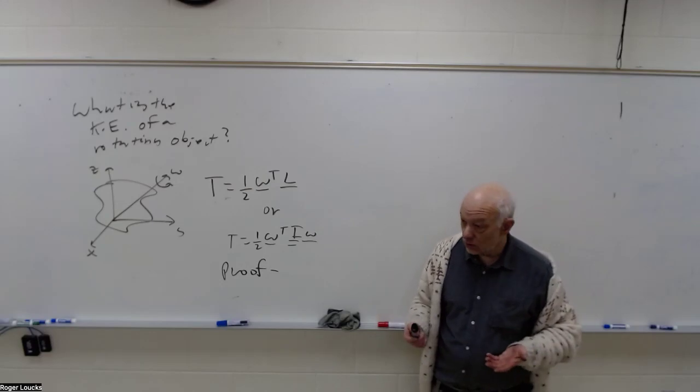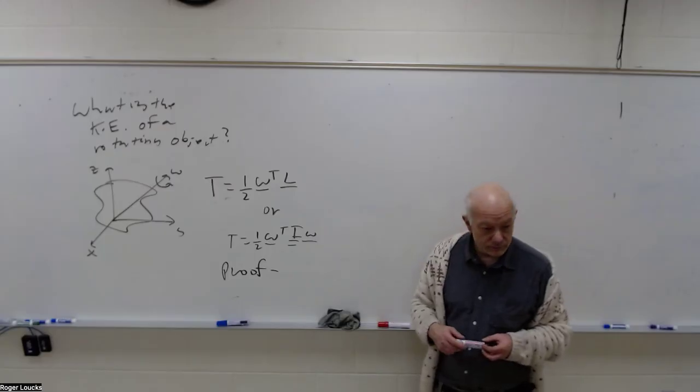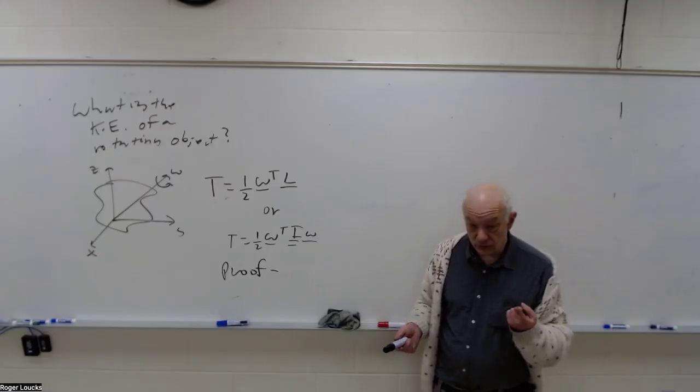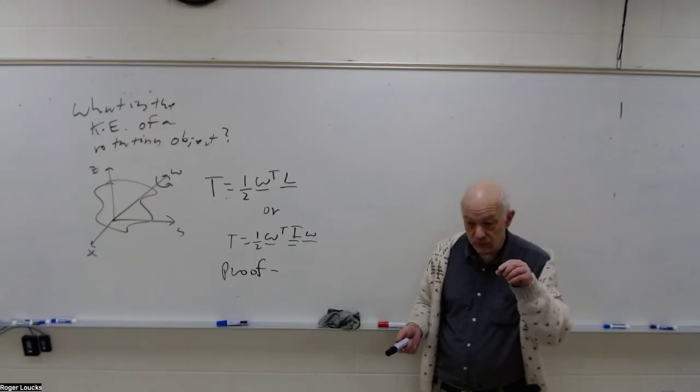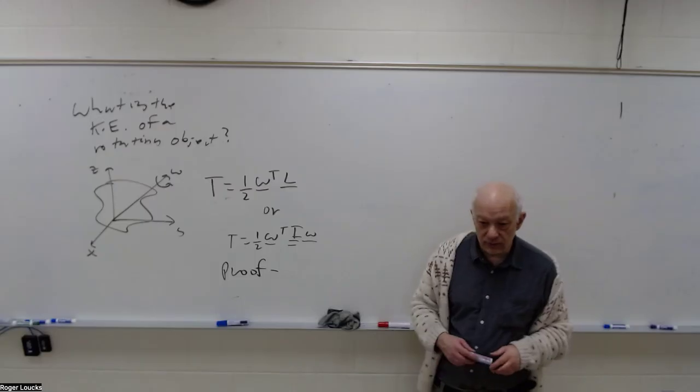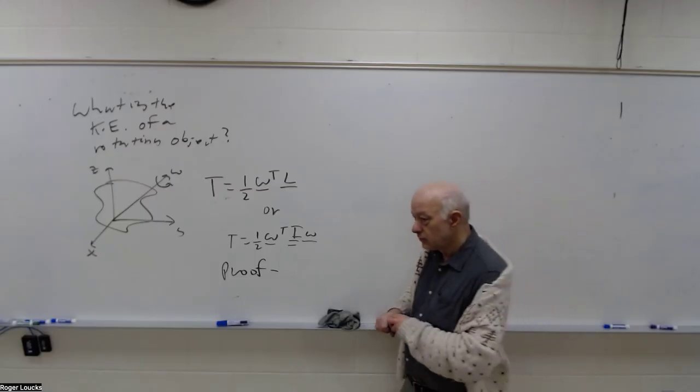That's exactly what you do. You have to treat that object as a collection of points. We only have one kinetic energy expression, that's 1/2 mv squared, so we write 1/2 dm v squared for a tiny little dm. Add them all up and Shazam, we get the kinetic energy.